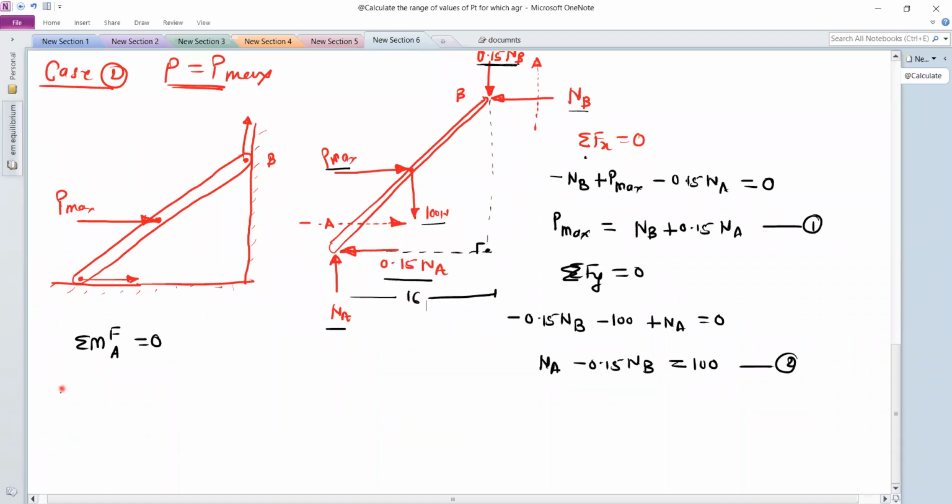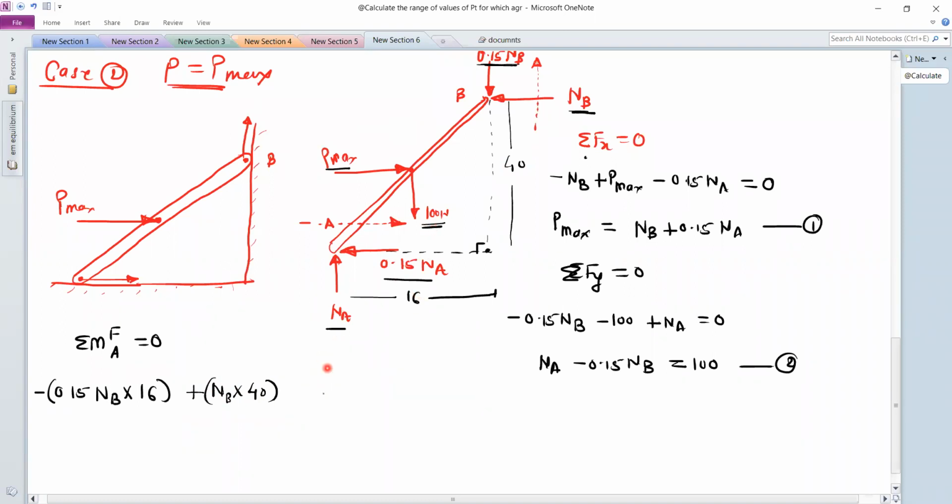So the moment will be 0.15 NB into 16, and if you observe the direction of rotation, it is clockwise, and therefore it is negative. Next, we have NB. For NB, this total is the perpendicular distance, which is 40. So the moment will be NB into 40, and this is positive because it is anti-clockwise about point A.